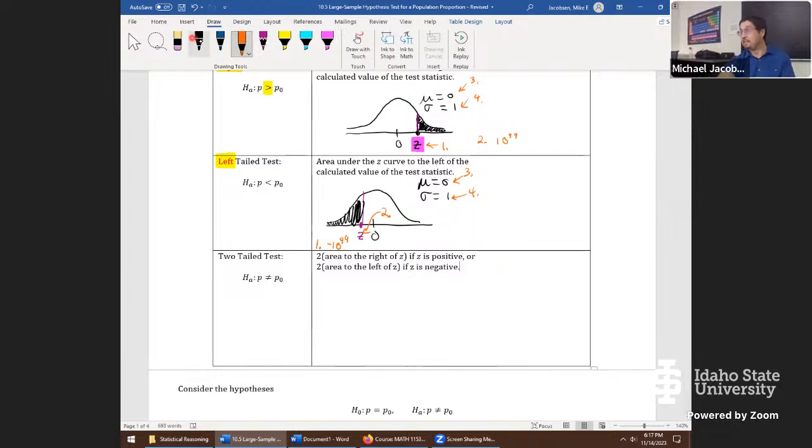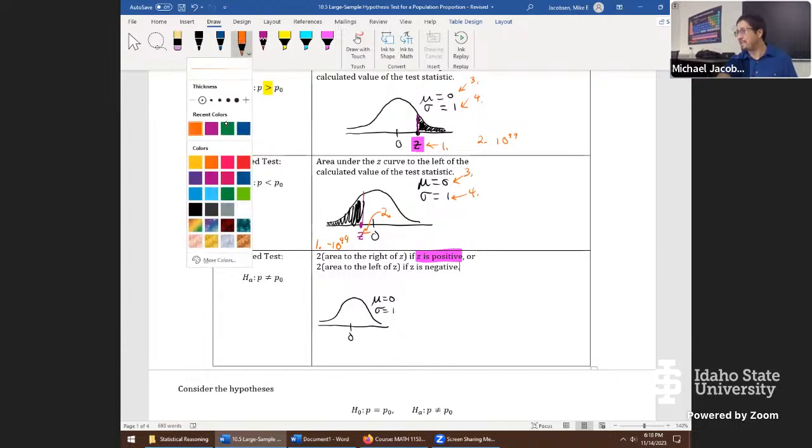We'll double the area, but if it comes out as a positive, here's what the picture would look like in this case. Sorry, it took me a moment to get that on there.